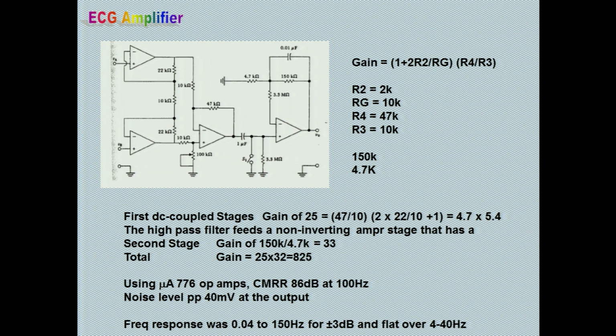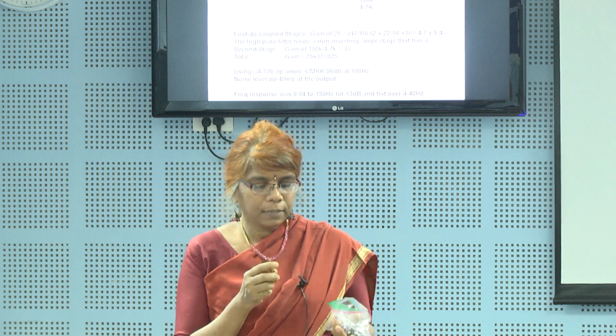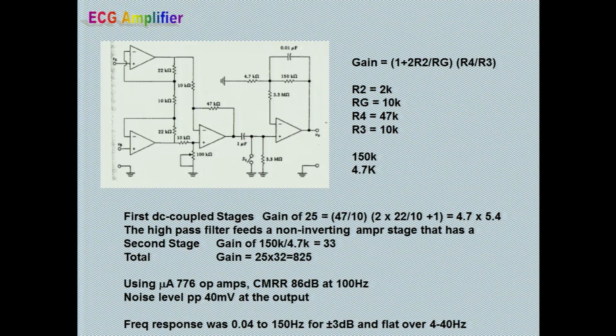Try to use the same resistors everywhere. Remember, normally to calculate the frequency filter, it's easy to vary the resistor than the capacitor. So keep the capacitor constant and calculate the resistance.